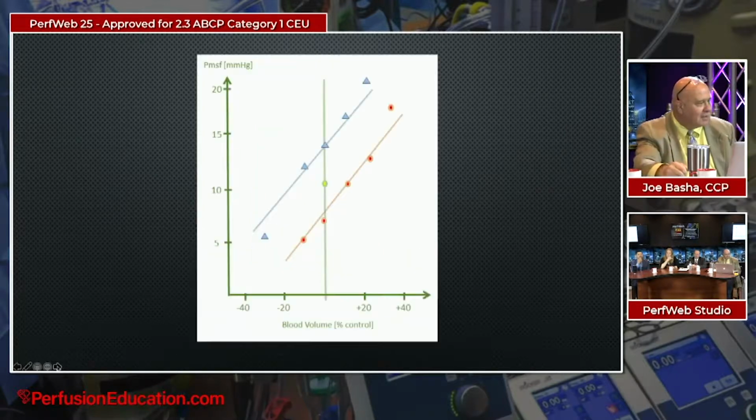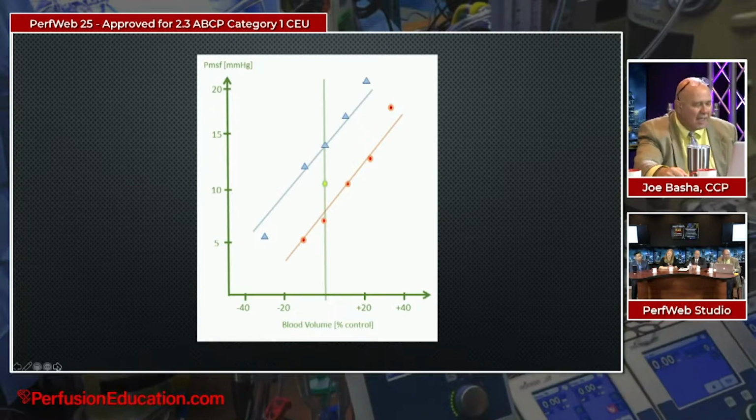Next slide, please. Here we see the mean systemic filling pressure on the y-axis, blood volume on the x-axis, and the center green dot is our control. What I'm showing here is as you give the blue triangles, as you give an alpha agent, you are reducing the size of the tank.